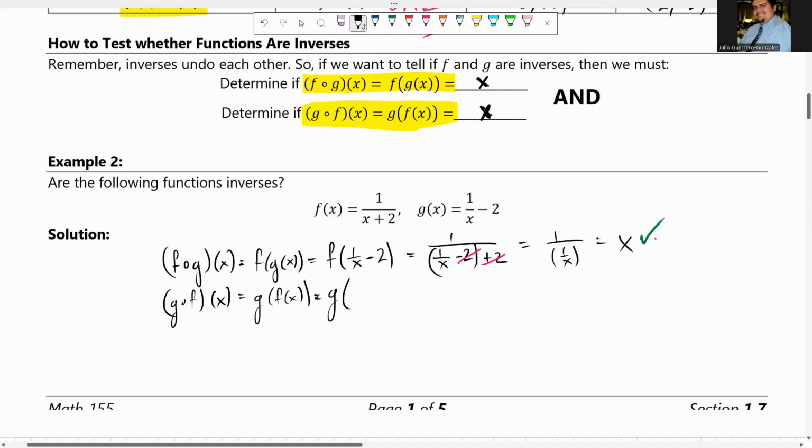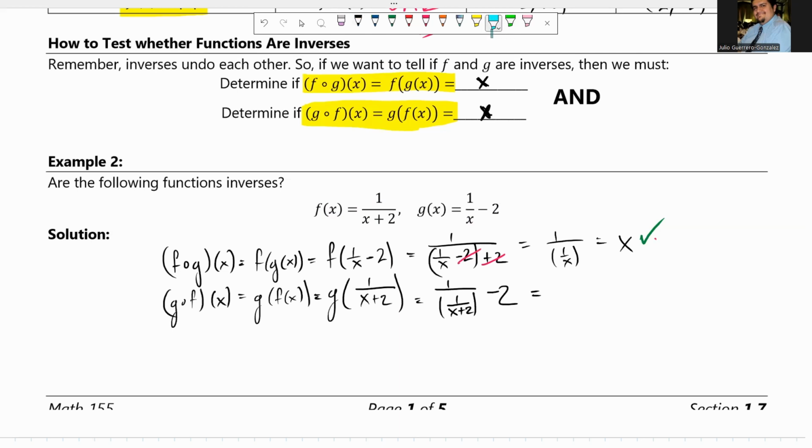G of f, so 1 over x plus 2. 1 over x plus 2, whoops, messed that one up too. Okay, 1 over x plus 2, minus 2. Give you guys a second to look that in.